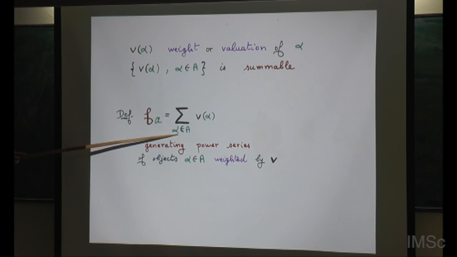It's the sum over all elements alpha of capital A of V(alpha). And this makes sense because this is a sum of monomials in the ring of polynomials in variables X with coefficients in K. For each w, there is a finite number of objects contributing to w.